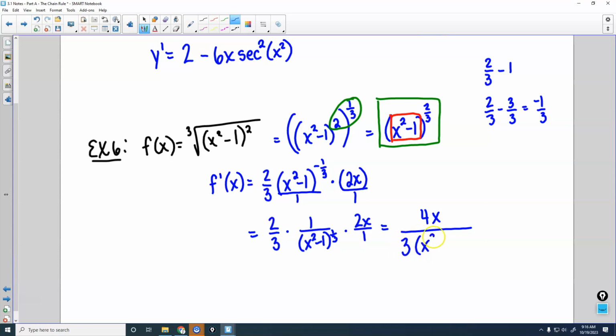They might leave it like this with the 1/3 power, or they might change it back to a root. I don't like changing it back to a root, because then you got the 3 and the cube root right there next to each other, which looks confusing, but it could be written that way.